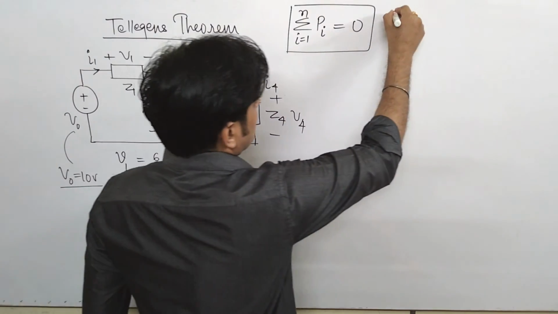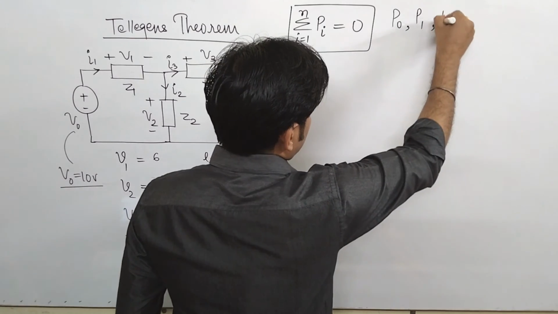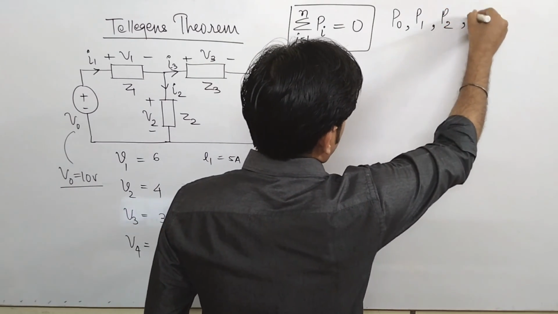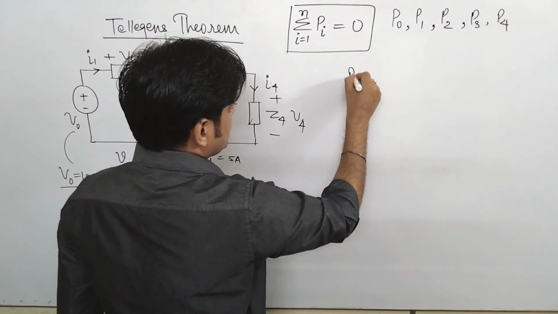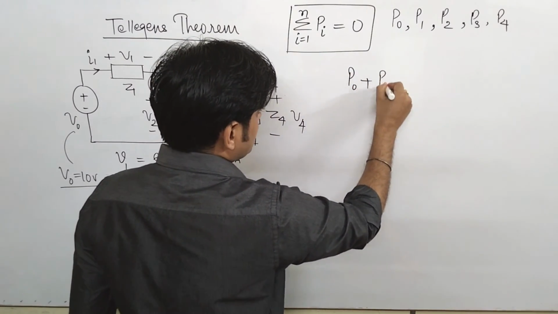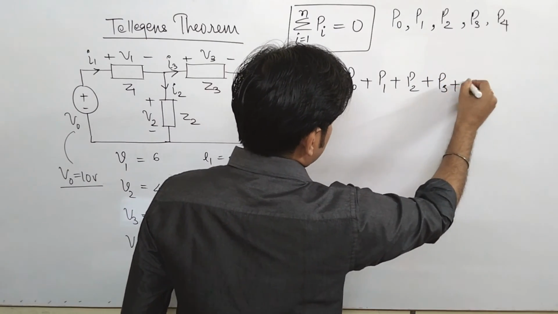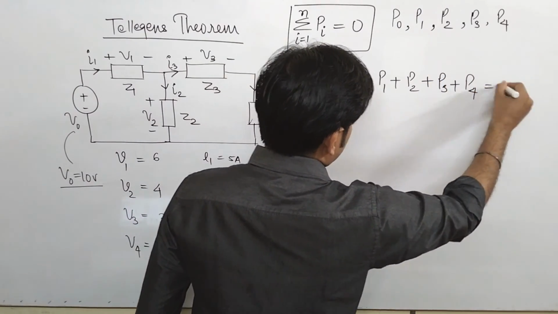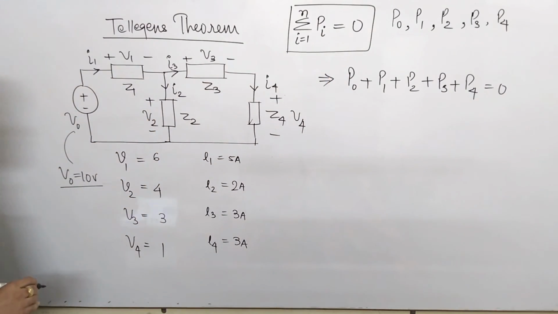So here the powers are P0, then P1, P2, P3, P4. As per convention, P0 plus P1 plus P2 plus P3 plus P4 will be 0. Now we have to find the values of P0, P1, P2, P3, P4.